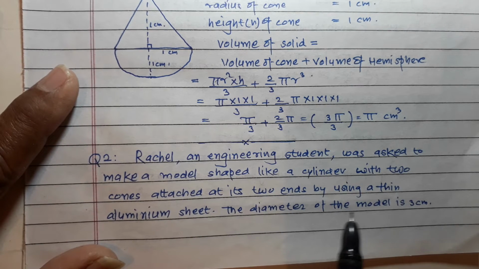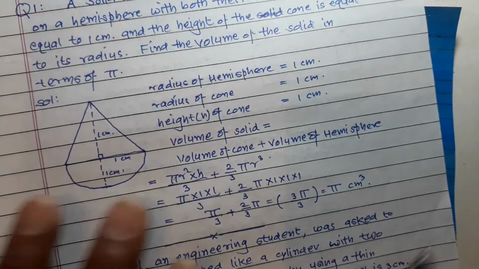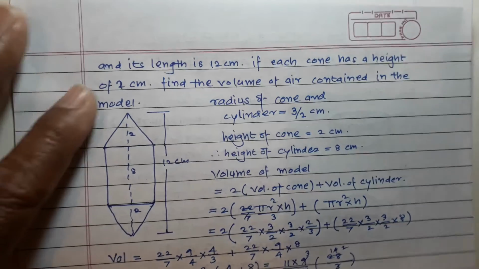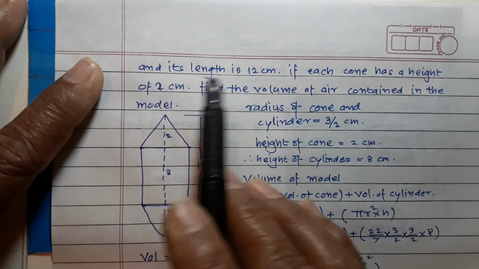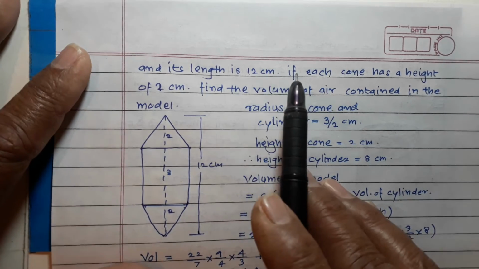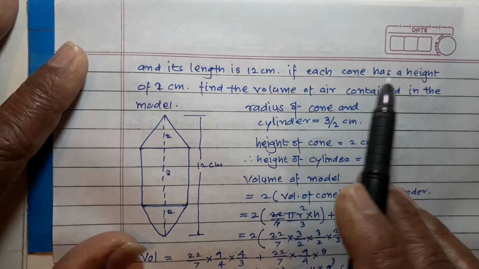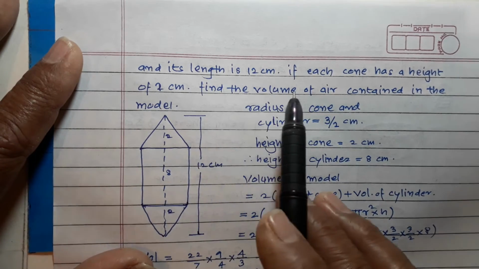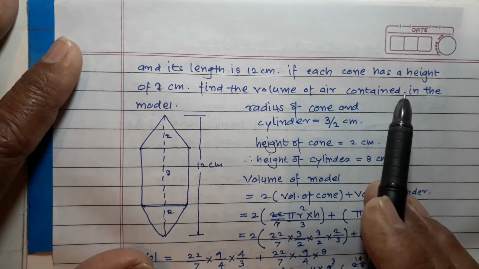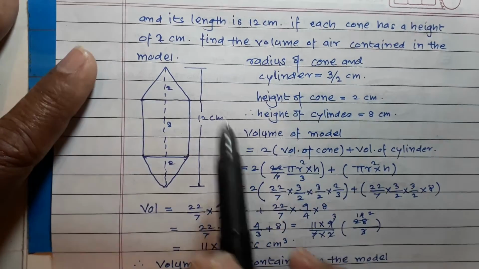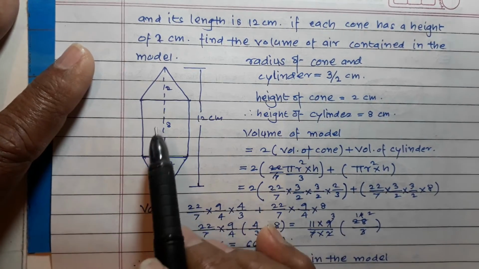The diameter of the model is 3 centimeter and its length is 12 centimeter. If each cone has a height of 2 centimeter, find the volume of air contained in the model. Now this is the shape of the model.